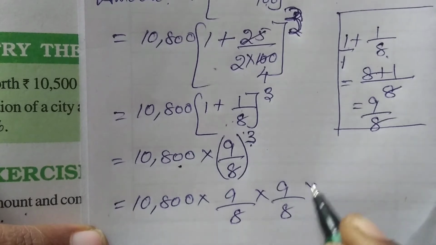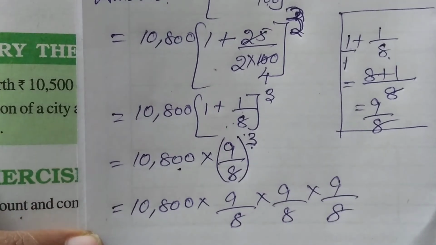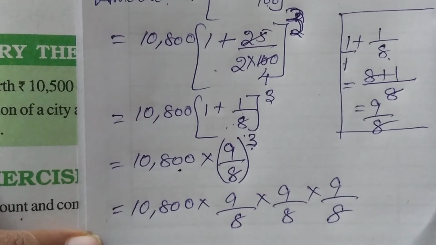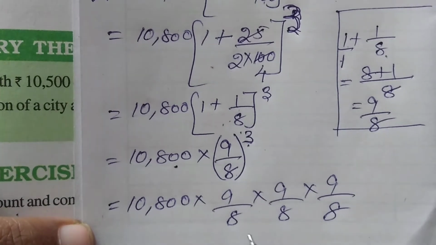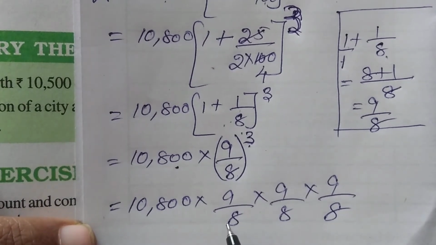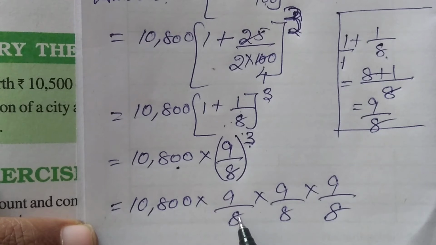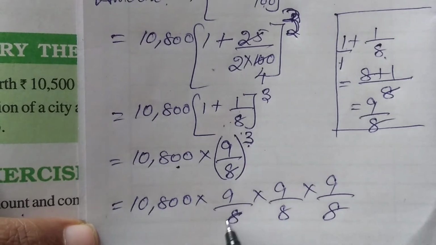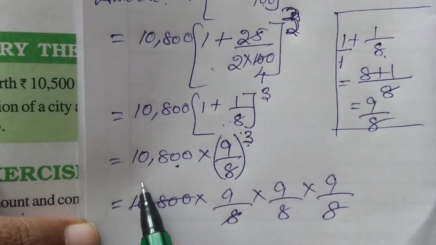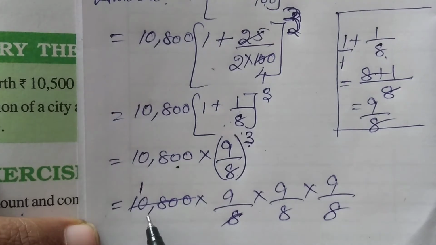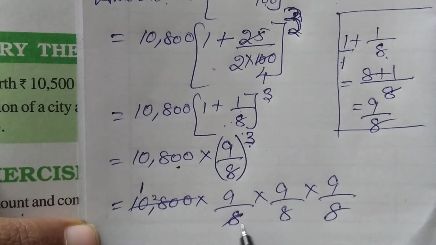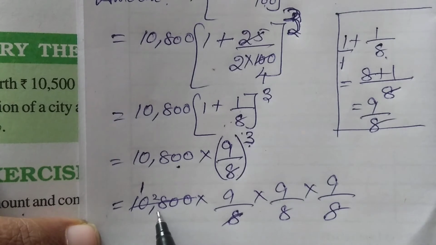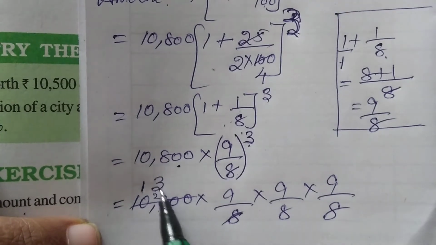Now let us simplify. How can we simplify now? If you take the 8 table, 8 ones are 8, 8 twos are 16, 8 threes are 24. 3, remainder 4, 40, 1350.